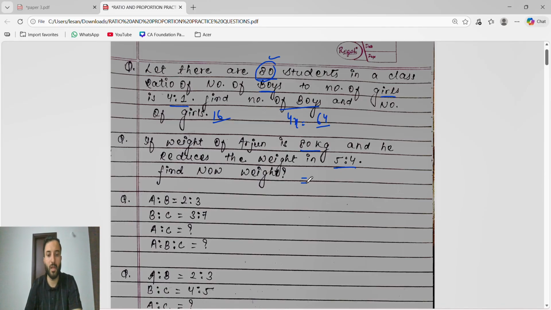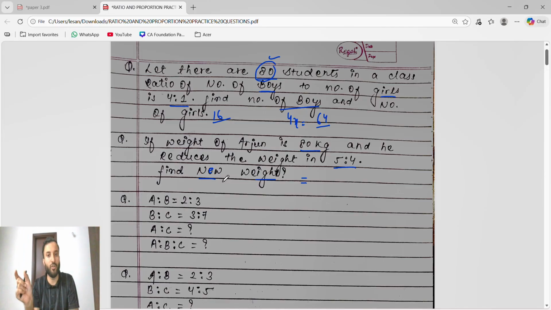So guys, see, the new thing: find the new weight. Simple thing, we know that if any value is given, either that value is increasing by some ratio or decreasing by some ratio, and then they will ask us to find the new value. We have an old value, and this old value will either increase or decrease by some ratio.